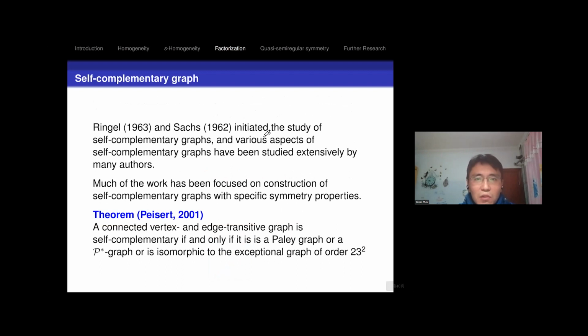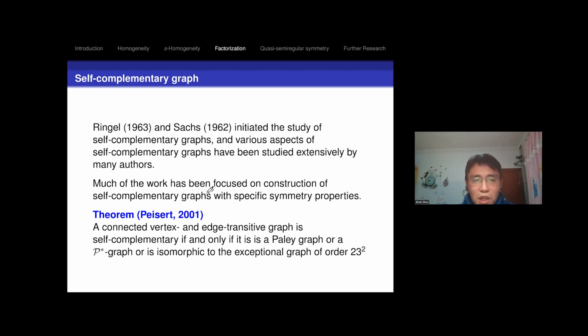The study of self-complementary graphs maybe goes back to the 1960s. And up to now, various aspects of self-complementary graphs have been studied extensively by many authors.